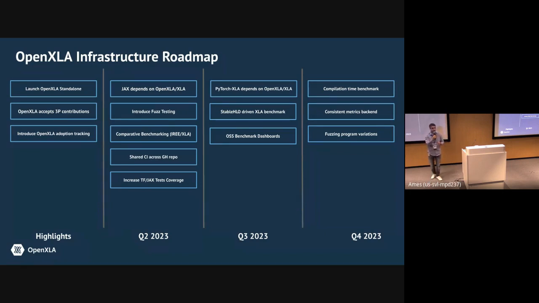Then in Q3, again in the same spirit of JAX enablement, we want to make sure that PyTorch actually uses OpenXLA, again to prove our commitment towards OpenXLA as far as the infrastructure goes. We then want to make sure that we have benchmarks which are StableHLO-driven benchmarks.